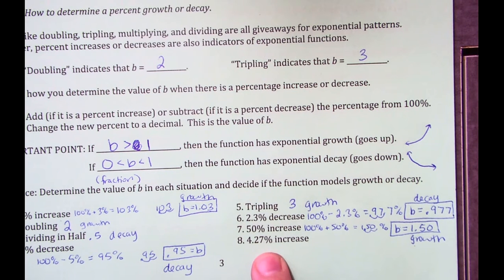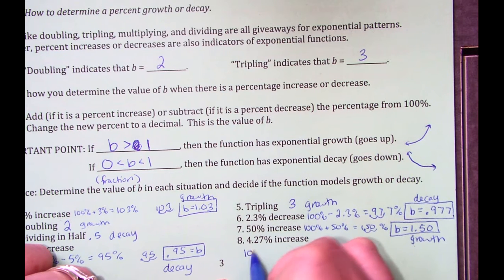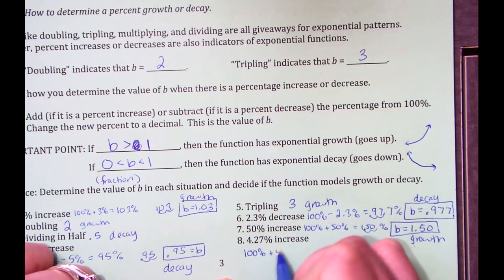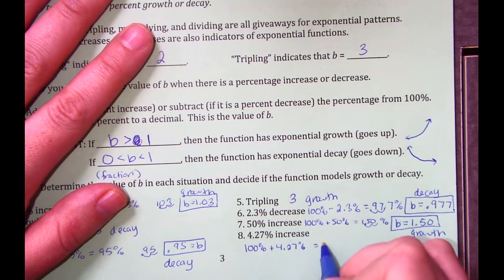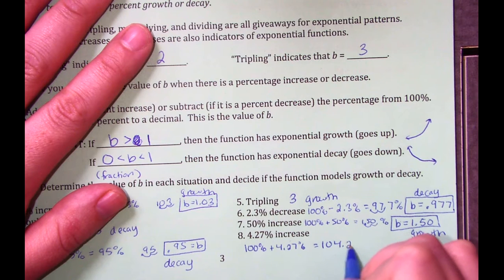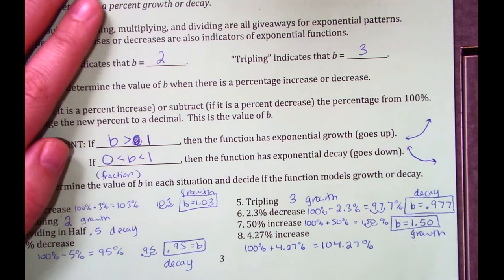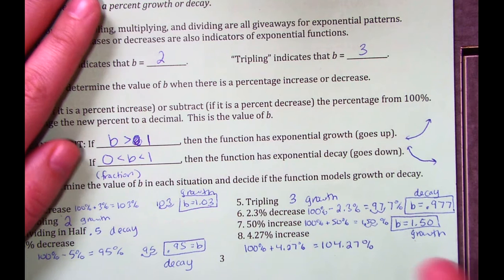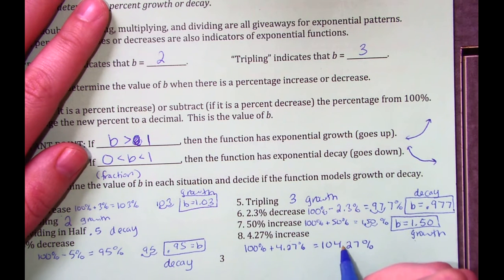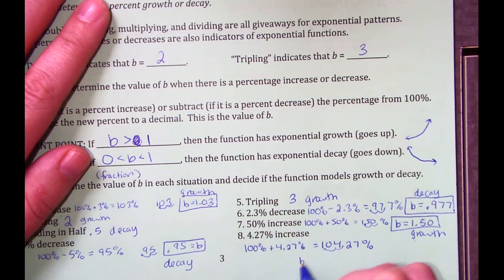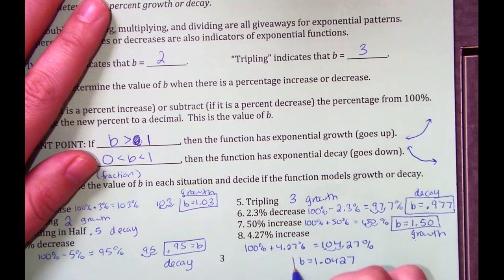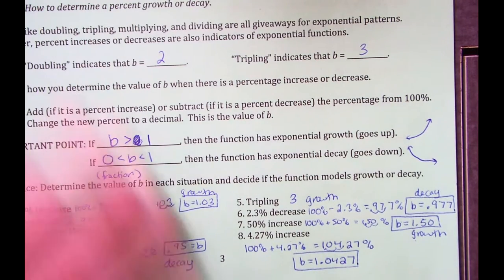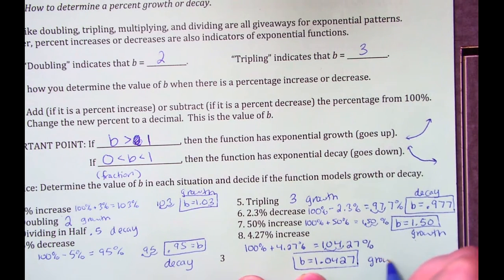Here is the 4.27% increase. So increase means we add to 100. So we take 100%, we add 4.27%, and that equals 104.27%. To change it to a decimal, we move it over to the left 2 spots, so b equals 1.0427. And because that is bigger than 1, we know that this is also exponential growth.